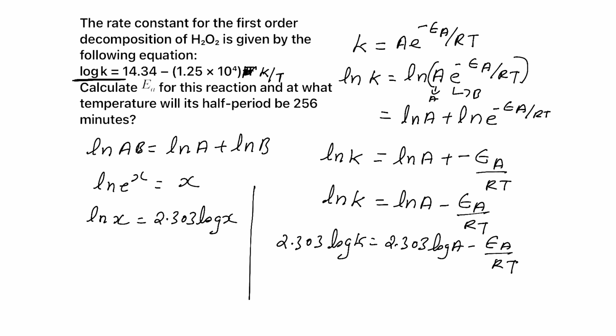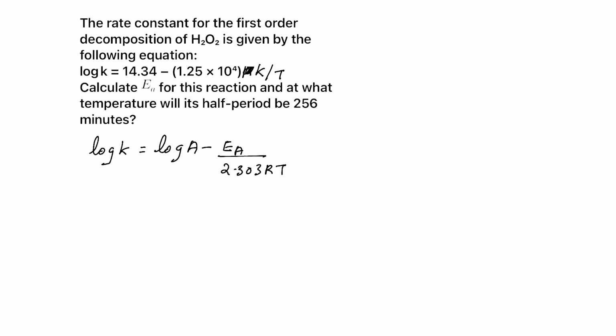Now divide the whole equation by 2.303. So you will get log K is equal to log A minus Ea by 2.303 RT. Clear? When you divide, the 2.303 gets cancelled here, and here it becomes Ea by 2.303 RT. So this is what we got, right?